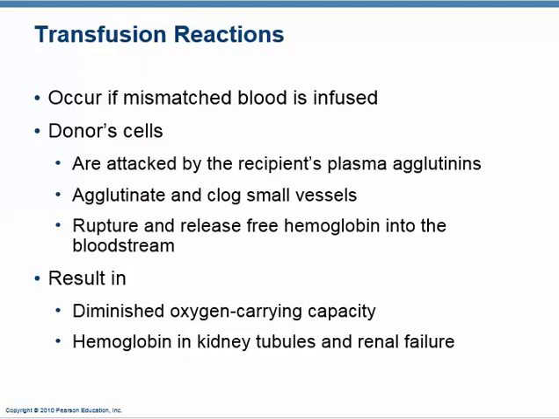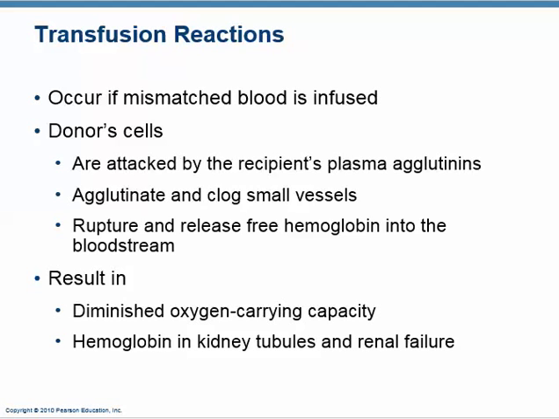They will rupture, and the hemoglobin will end up in the bloodstream. So it means that you will have fewer red blood cells, so you've got diminished oxygen supply. You'll end up with hemoglobin in your kidneys, and that can cause renal failure. It'll screw up osmosis at capillaries.